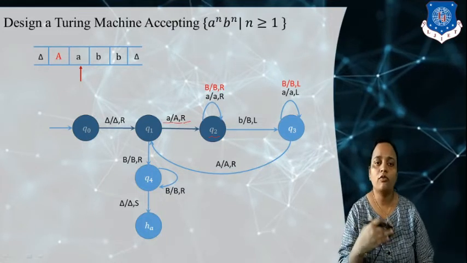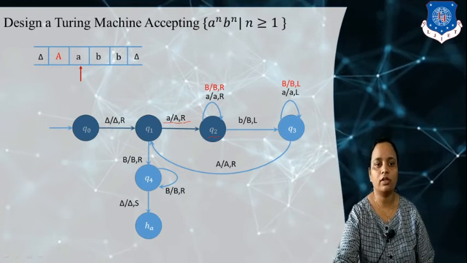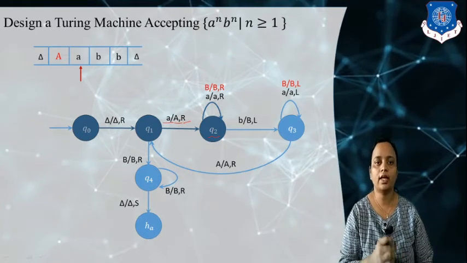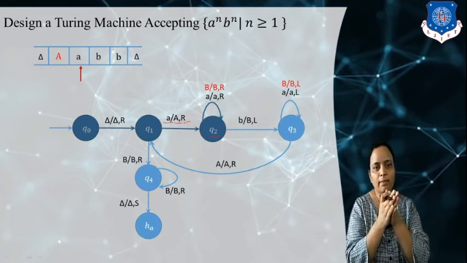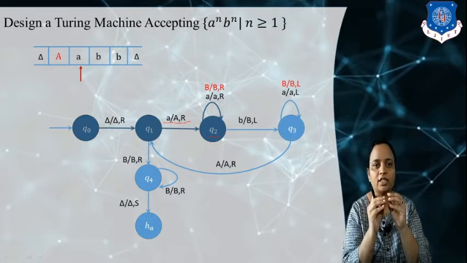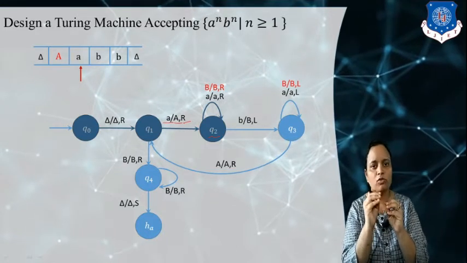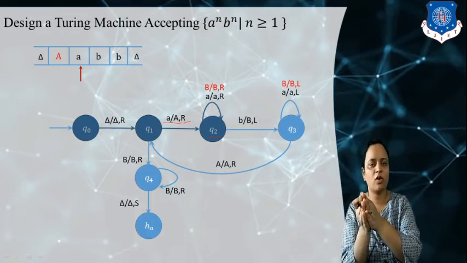So for finding the B, what are we going to do? It means that in the in-between path, if I read the character small a, we do not need to change it. So small a is replaced by small a.